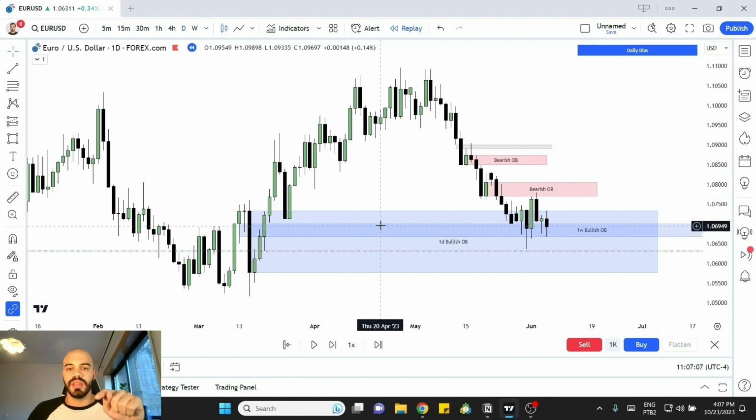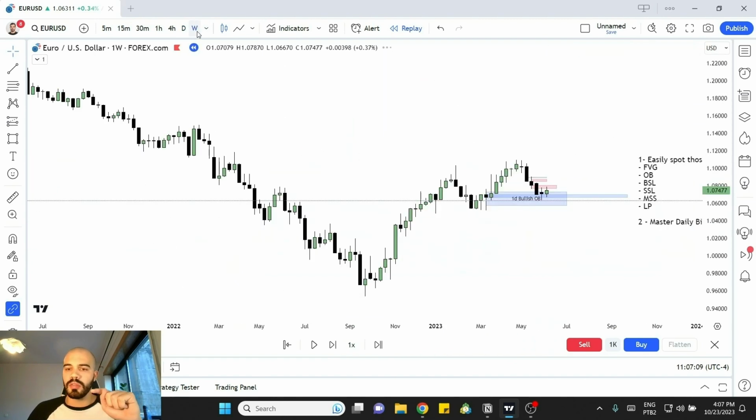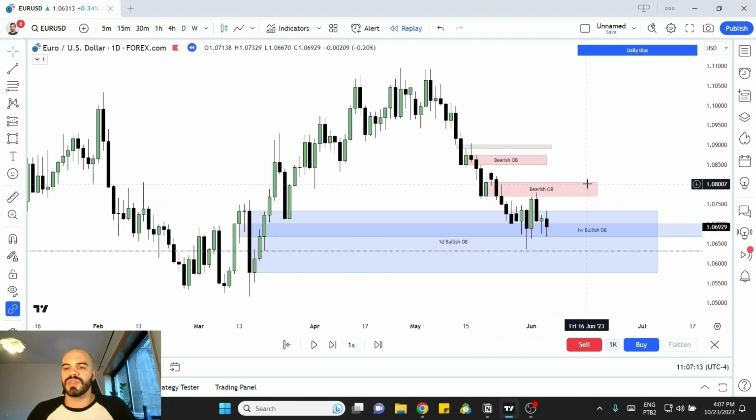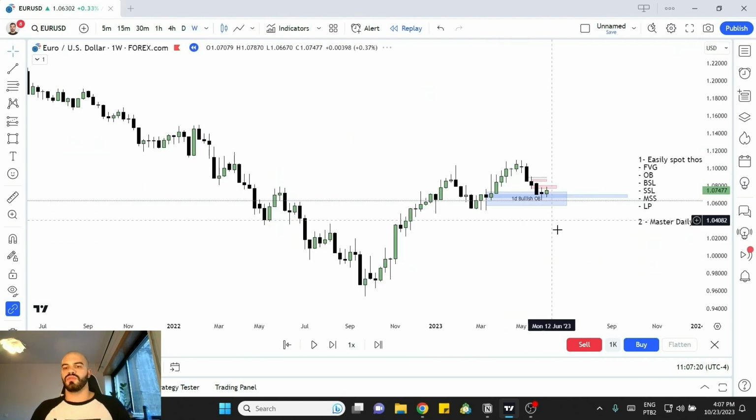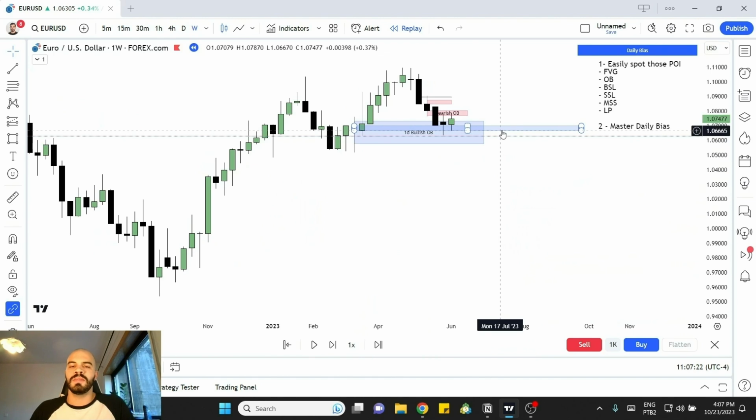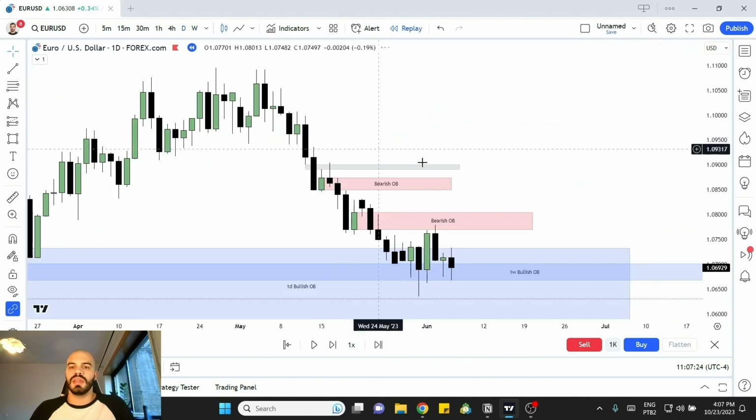First, because this zone was created on the weekly order block, and this zone was created on the daily order block. So when it comes to hierarchy, this zone is much more likely to be impacting the market than the daily zone of the bearish order block.